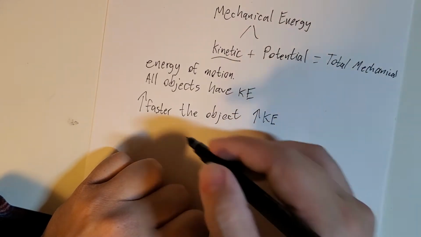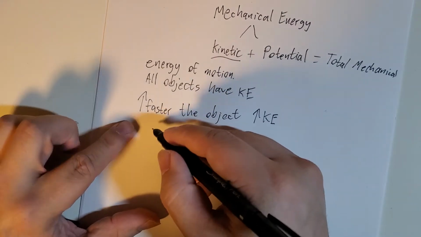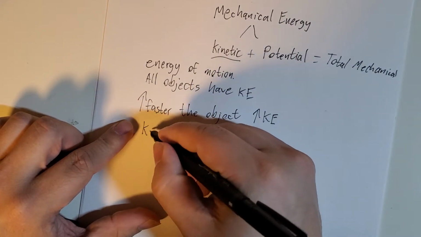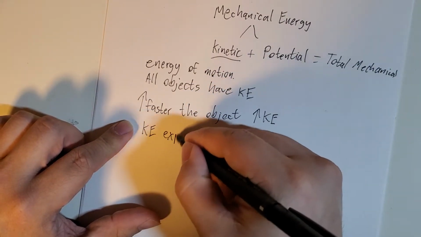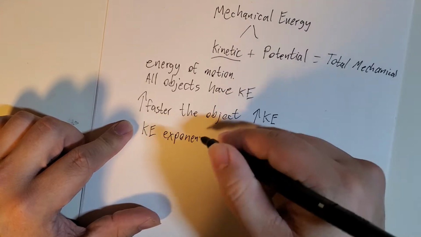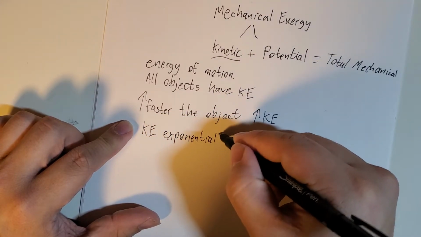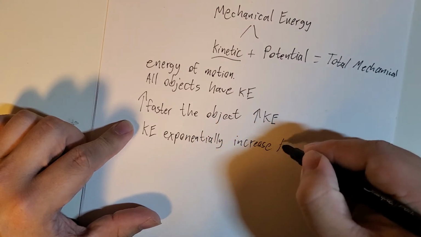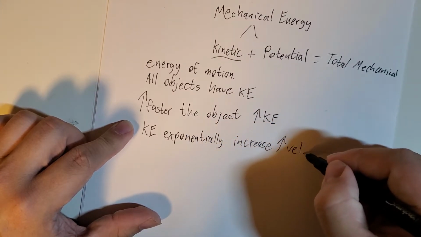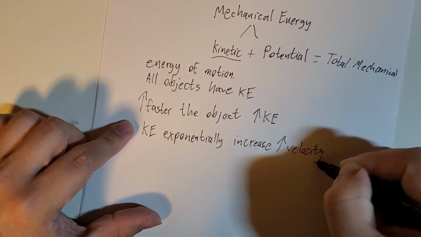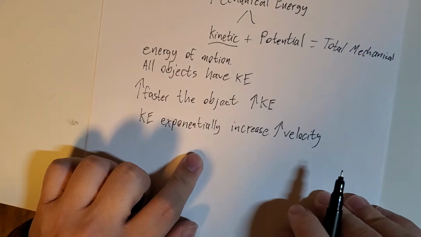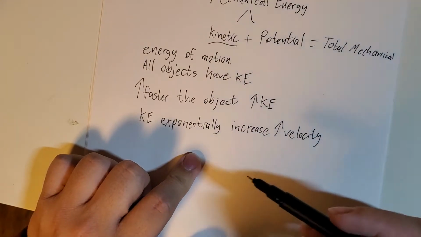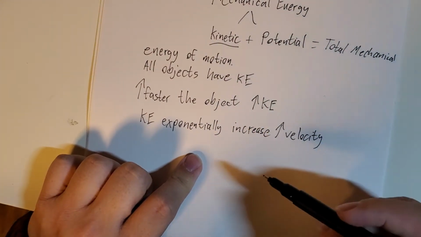Specifically, the kinetic energy exponentially increases as you increase velocity or speed. It is not a one-to-one ratio. The faster you go, the kinetic energy builds up more and more.